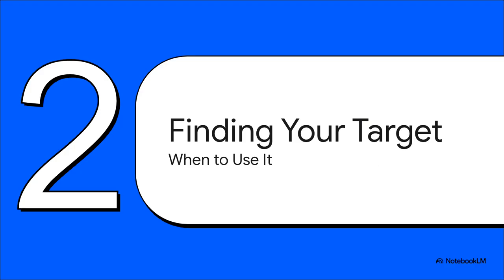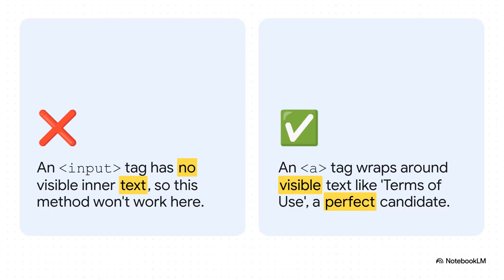Okay, this next part is absolutely crucial. You've got to know when this is the right tool for the job. It's super powerful, but, and this is a big but, it's not going to work for every single thing on the page. Okay, just look at this comparison. It tells you everything you need to know. On the left, we've got an input tag. Notice how there's no text between the opening and closing tag? The text method is going to come up empty here.